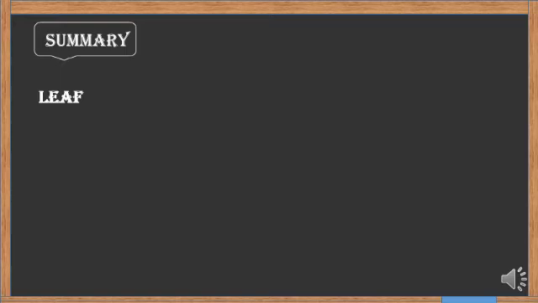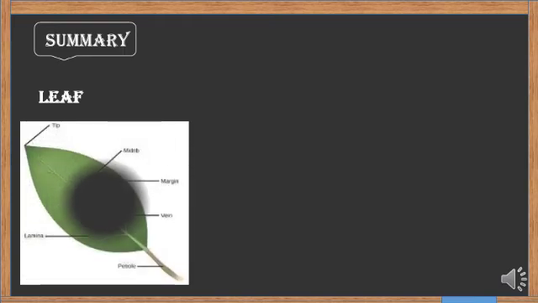Children, now let us have a quick recap of whatever we have learnt. We have learnt about the leaf. The flat green color part of the plant attached to the branches is called leaf. We have also learnt about different parts of a leaf. For example, leaf tip.